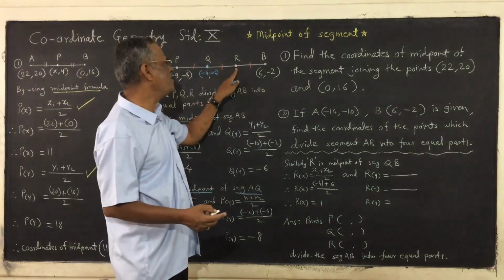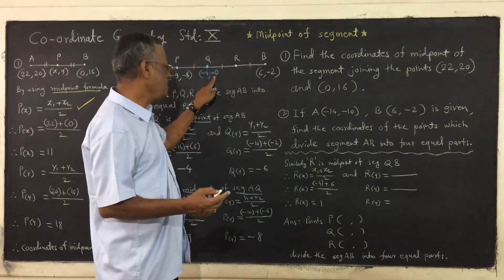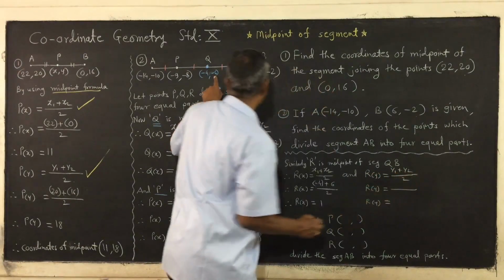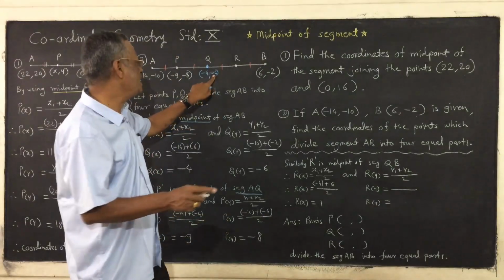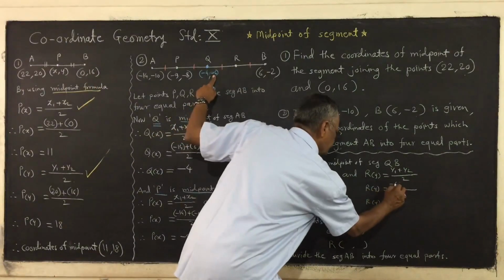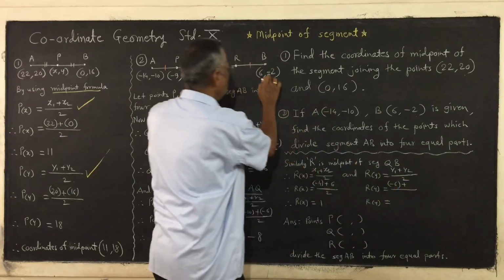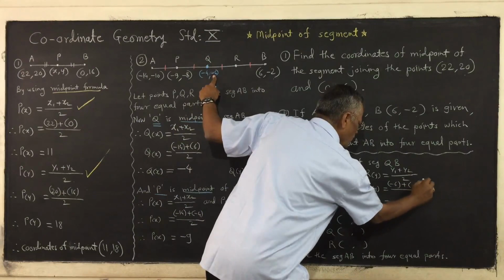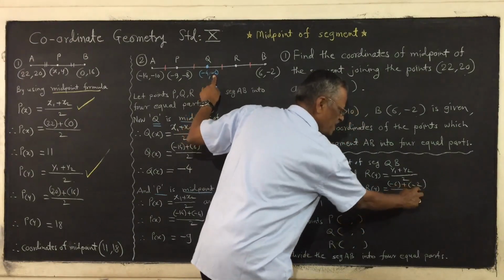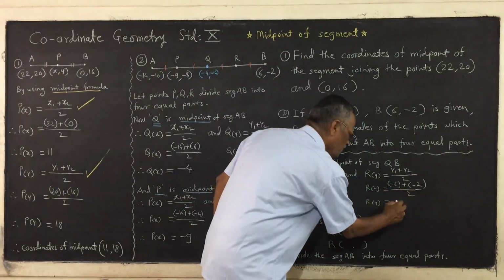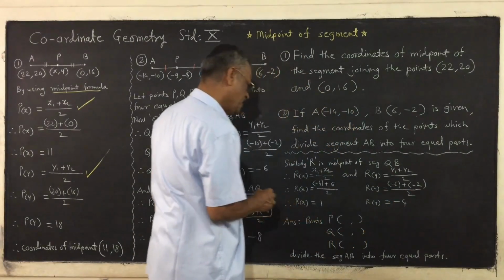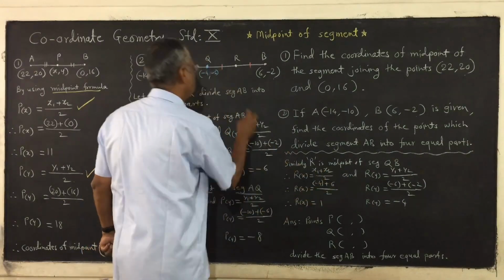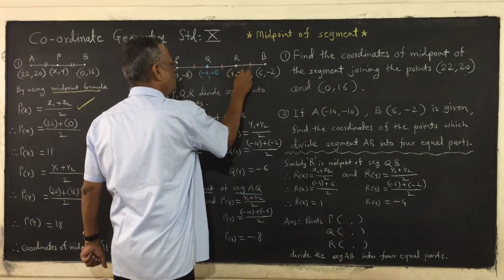Similarly, for the y coordinate of R, use (y1 plus y2) upon 2. Y1 is minus 6 plus y2 is minus 2, so minus 8 divided by 2 is minus 4. So the coordinates of R are (1, minus 4).